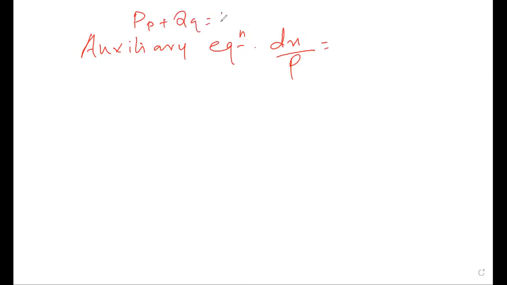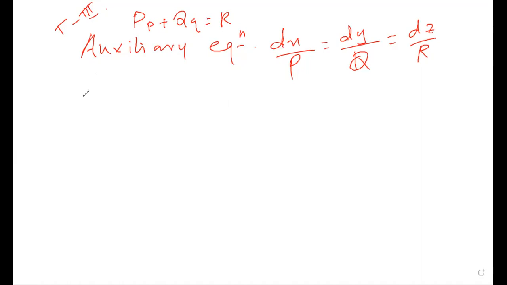If we start from the auxiliary equations, our actual equation is Pp plus Qq is equal to R. Then we have the auxiliary equations dx over P is equal to dy over Q is equal to dz over R. So in some situations of type number 3, we have to choose the multipliers which make the denominator equal to 0.